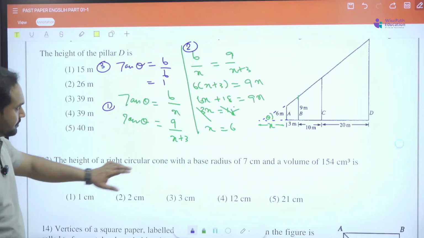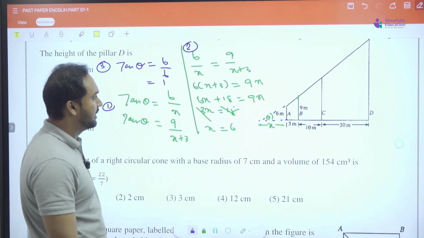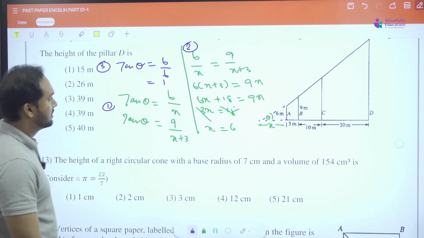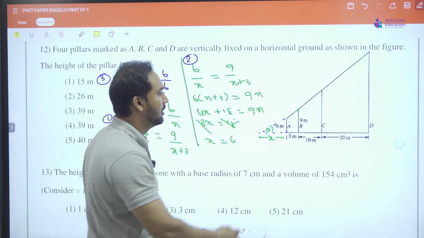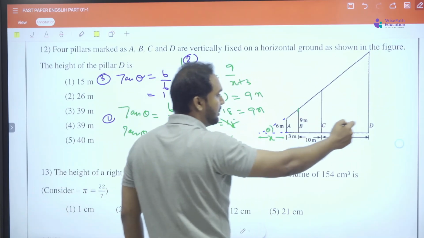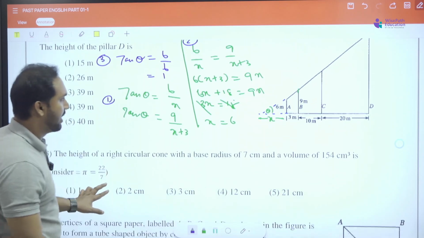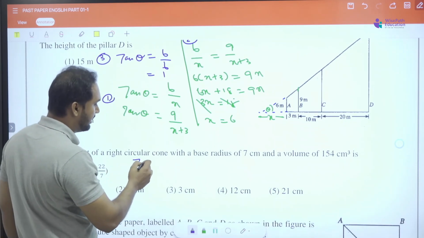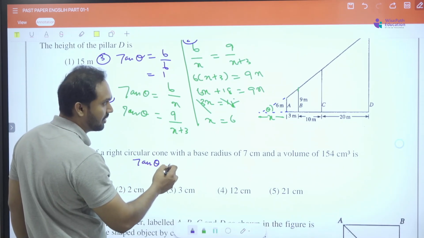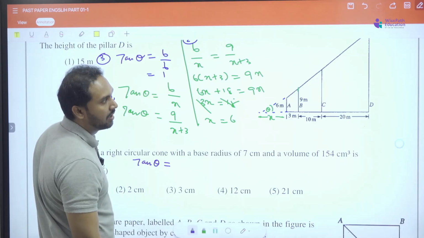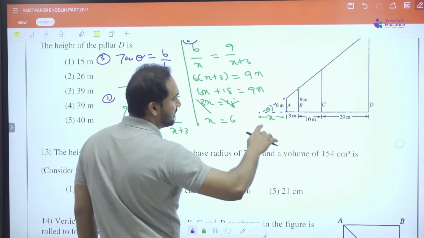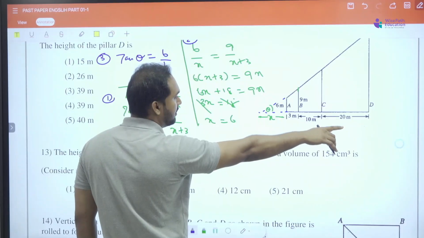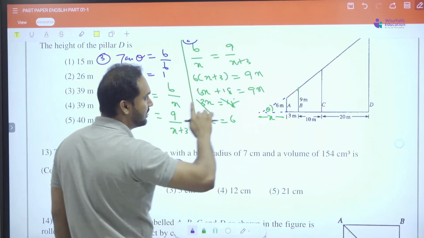Now using the same tan theta, the 6 over 6 value, you can find d. How? You put the tan theta back to the complete large triangle. That is tan theta equals d over, the opposite is d, adjacent is 20 plus 10 plus 3 plus 6, right?